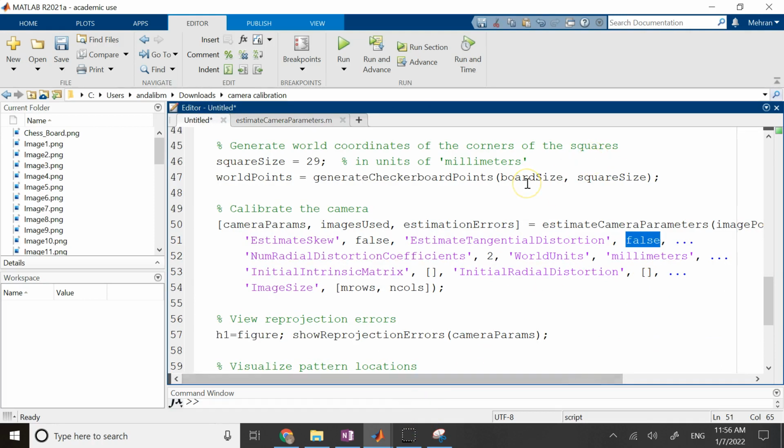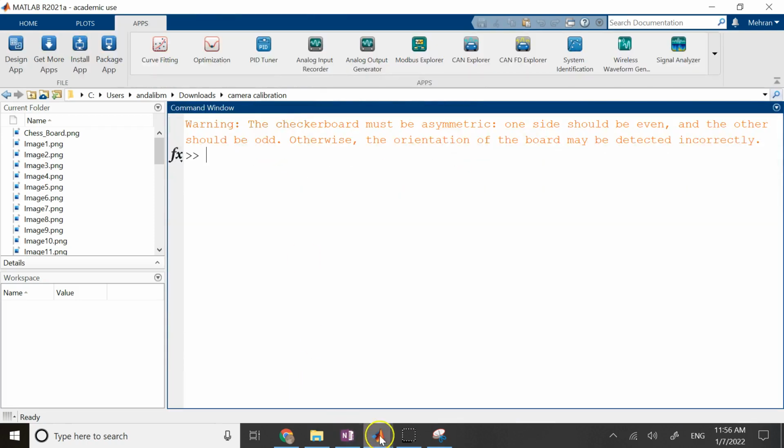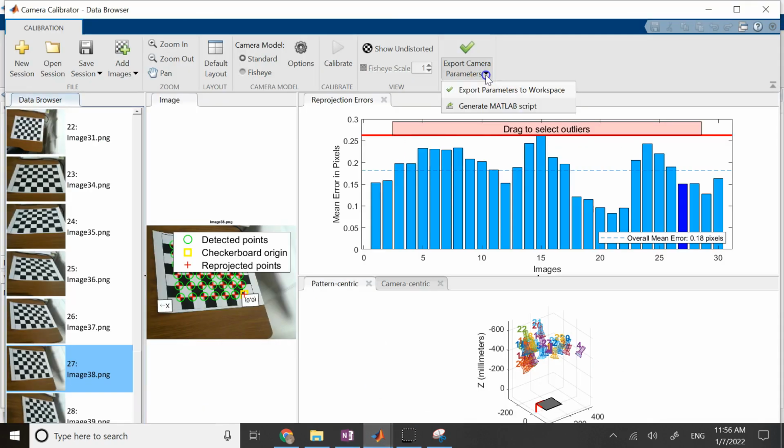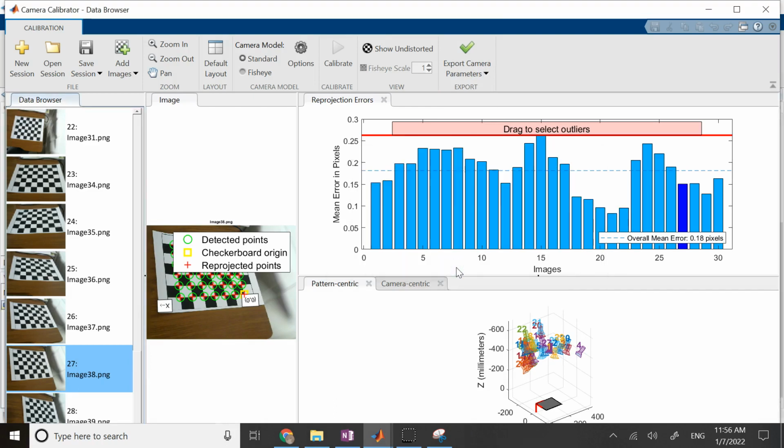Or if you don't care about how MATLAB did it, all you care about is just those parameters that you want, then you go here and just export the parameters to the workspace, and it asks what do you want me to call them? You say camera params. You can also estimate your errors if you want. If you don't care about them, just say okay.